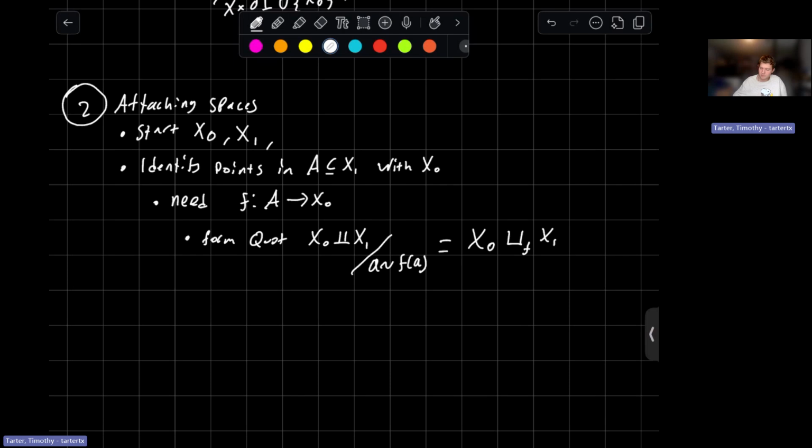So let me formalize, I guess: A in A, which is a subspace of X1. This is the space X naught with X1 attached along A via f.